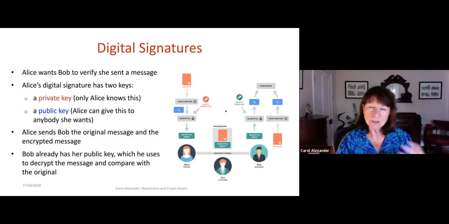So when I'm making a transaction, using public-private keys, I'm going to send my message and the encryption, and Bob will be in the network. I will have already given him my public key. And so when Eve intercepts this, she won't have the public key, so she won't be able to do it. Only Bob will be able to do it.